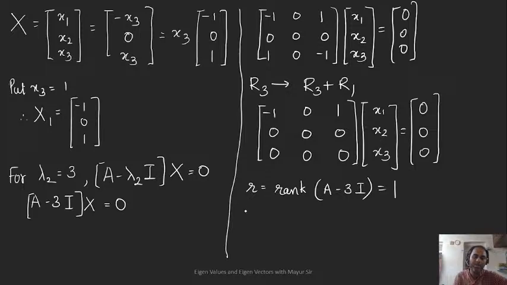Thank you Akash. So now, n is the number of unknowns. Unknowns are how many? 3.